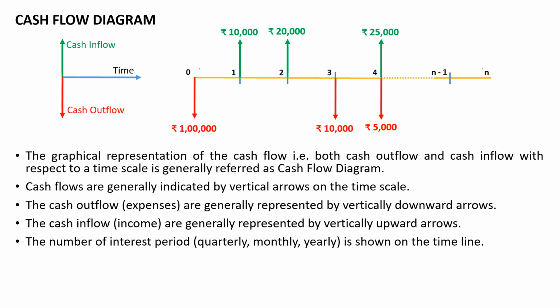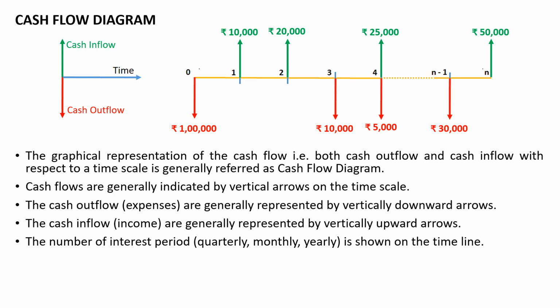Also, there is a cash inflow at the end of fourth interest period, which is represented by a vertically upward arrow of rupees 25,000. Similarly, it goes on, and we'll see at the end of n-1 year and nth year. At n-1, there is a cash outflow of rupees 30,000, and at n, there is a cash inflow of 50,000 rupees.